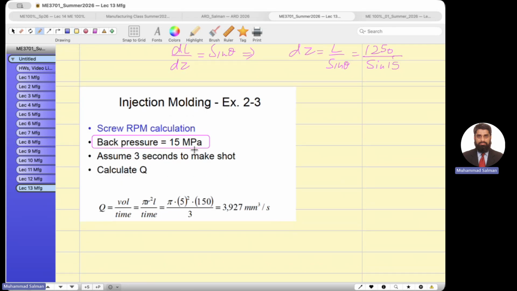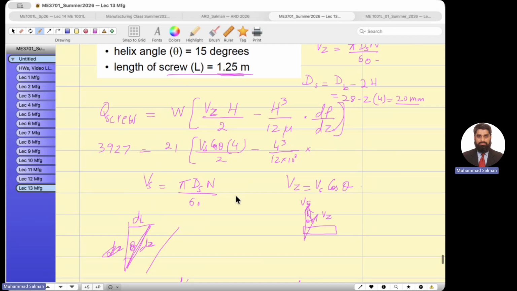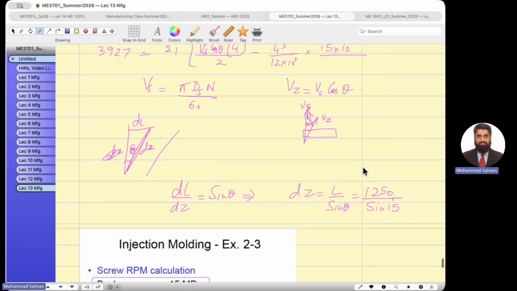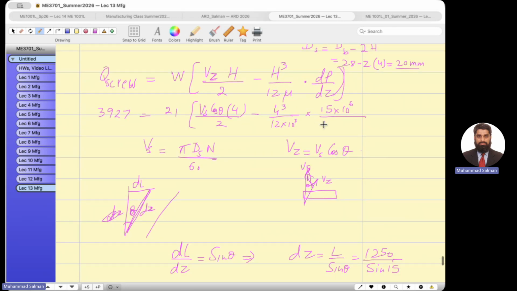So everything is complete now. This is 15 megapascal divided by dz, which is 1250 divided by sine 15. Agreed. Now look, everything in this equation is given with one unknown.